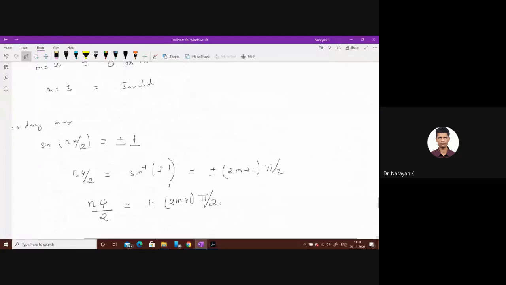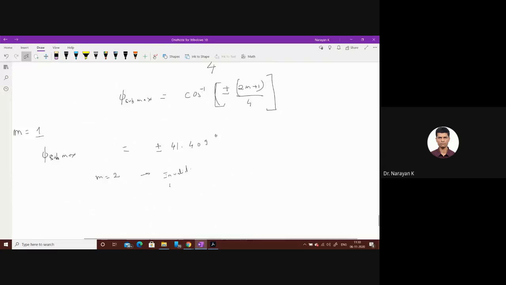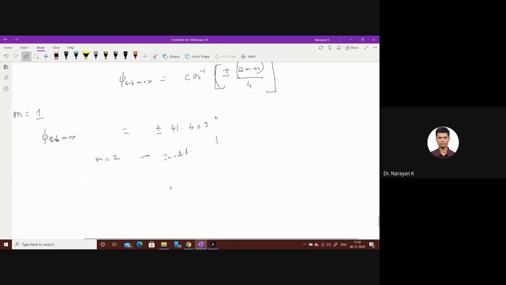So 180 minus 41.409, you will get the other angle because it is a bidirectional lobe. So you have to find the other side. How much will this be? 138.59 degrees. Agreed? Yes, sir.